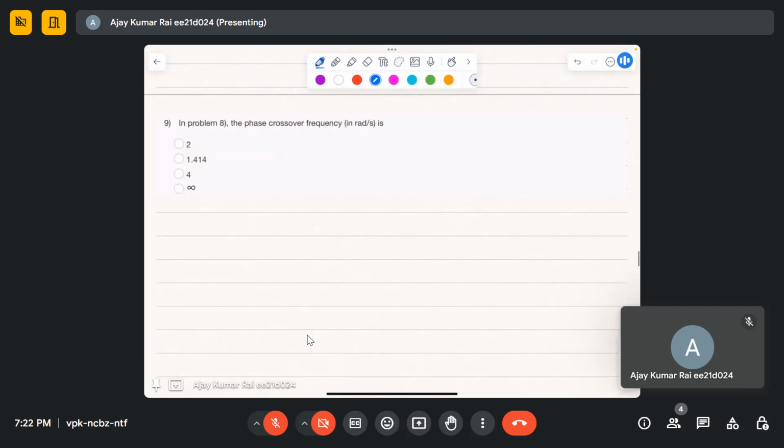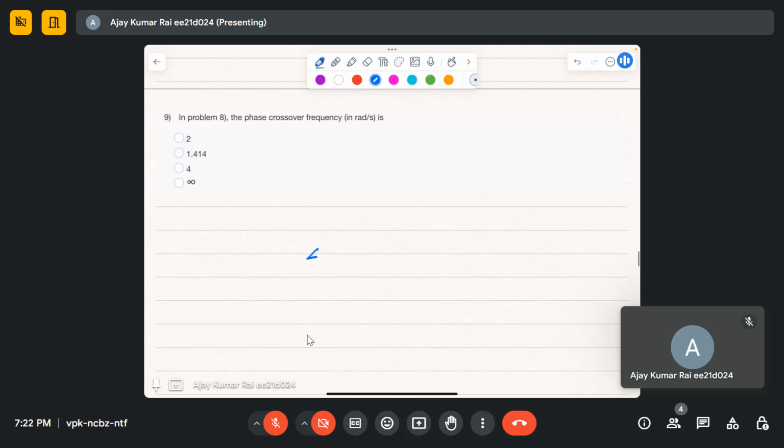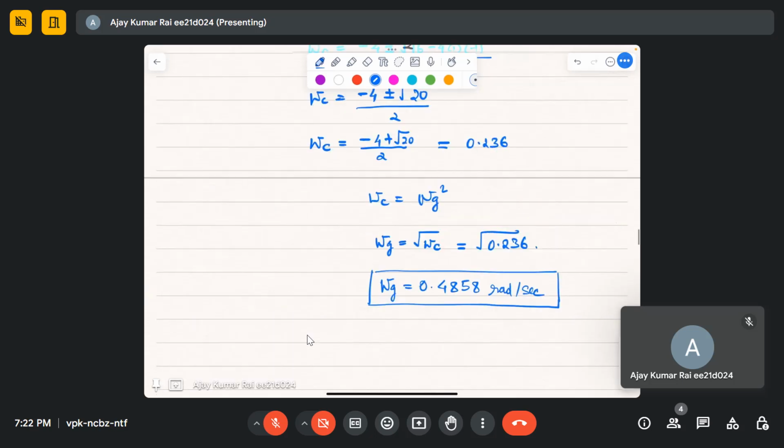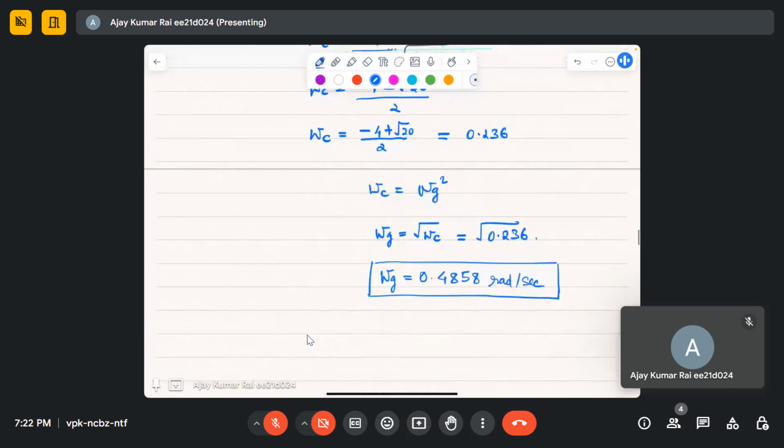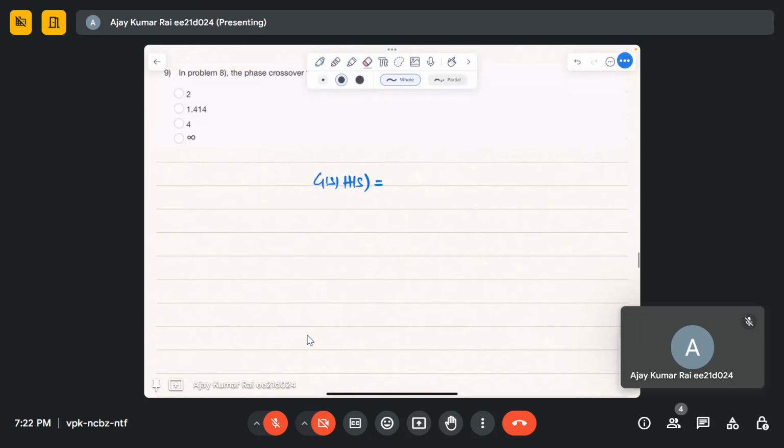Next is the phase crossover frequency. We have to find the frequency at which the phase becomes minus 180 degrees. So what is the phase? First, write out the open loop transfer function, which is 1 by s square plus 2s.